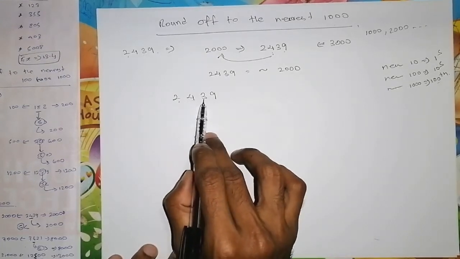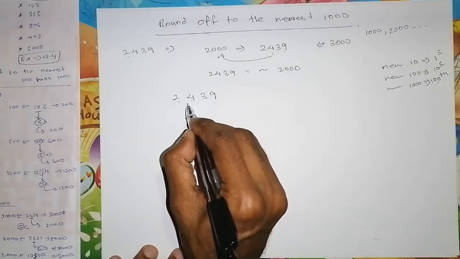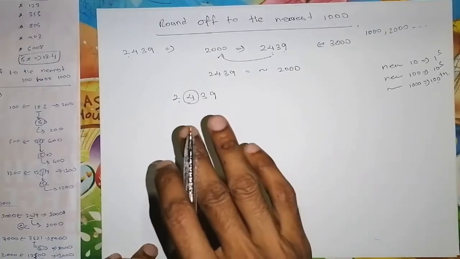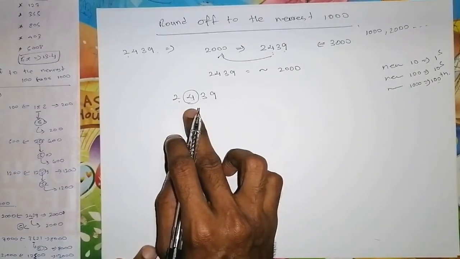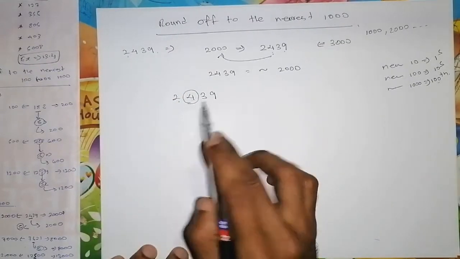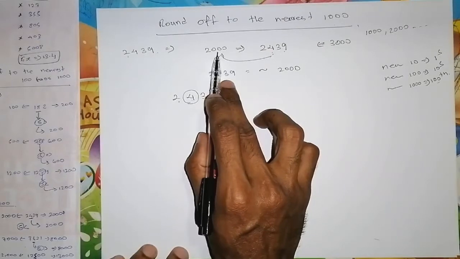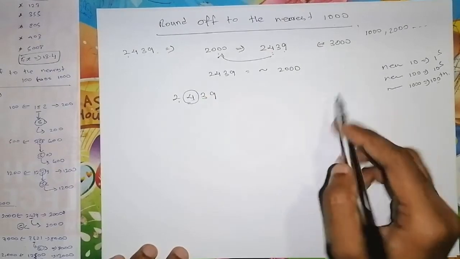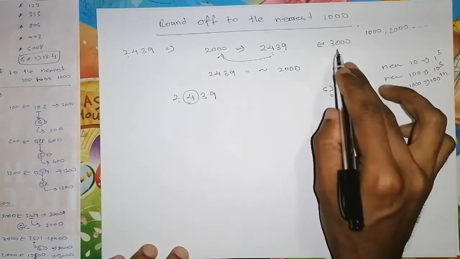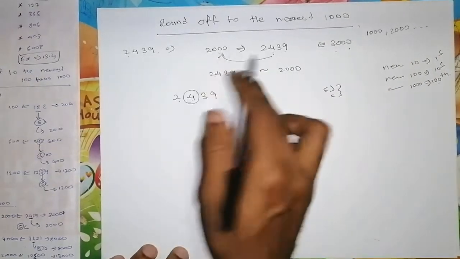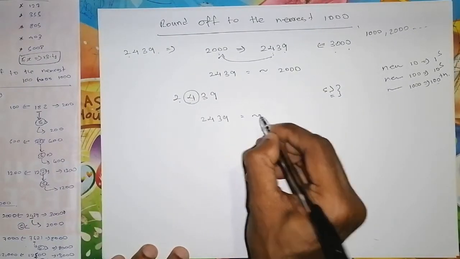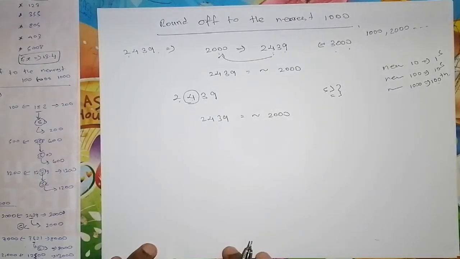In 2439, the 100 position is 4. It is less than 5. Whenever the checking digit is less than 5, we always take the before number. If it is greater than or equal to 5, we take the next number, 3000. Here it is less than 5, so we take the before number. So 2439 in the second method is also 2000.